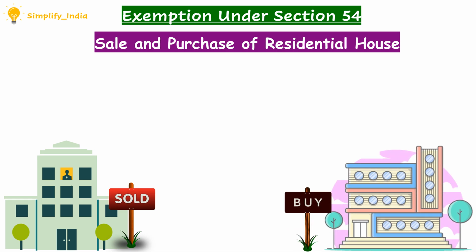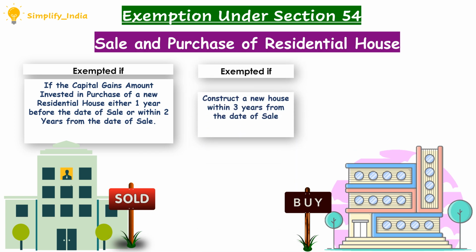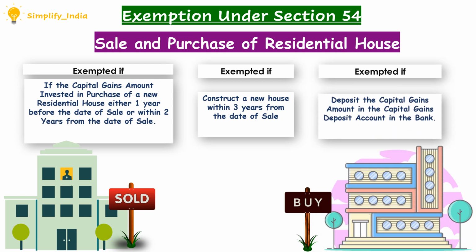Any long-term residential house held by an assessee is sold and the capital gains arising out of it can be claimed as exemption if the capital gain amount is reinvested in purchase of a new residential house either 1 year before the date of sale or within 2 years from the date of sale, or construct a new house within 3 years from the date of sale, or deposit the capital gains amount in the capital gain deposit account in the bank, provided the new house is held by an assessee for a period of 3 years. If not, the exemption will be withdrawn.